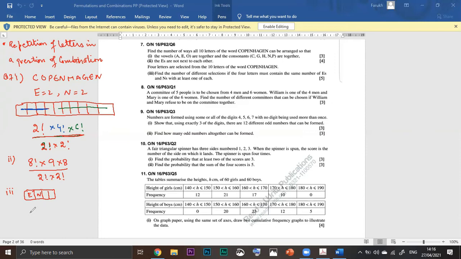In case of repeated letters, in a question of combination, we will not use combination on repeated letters.